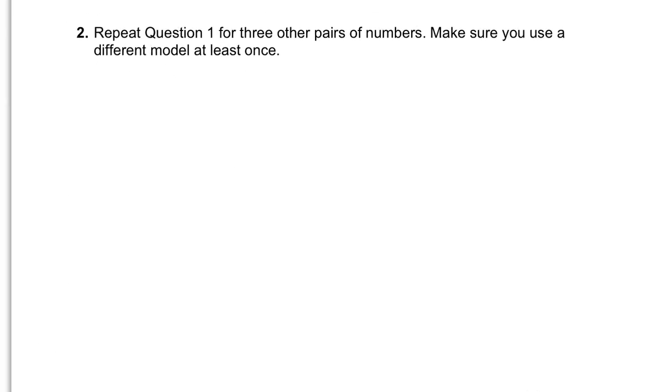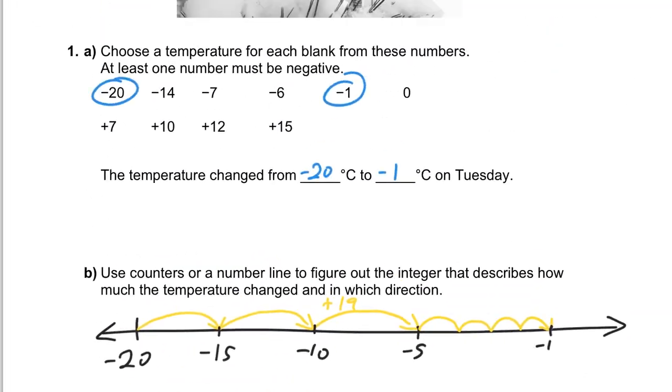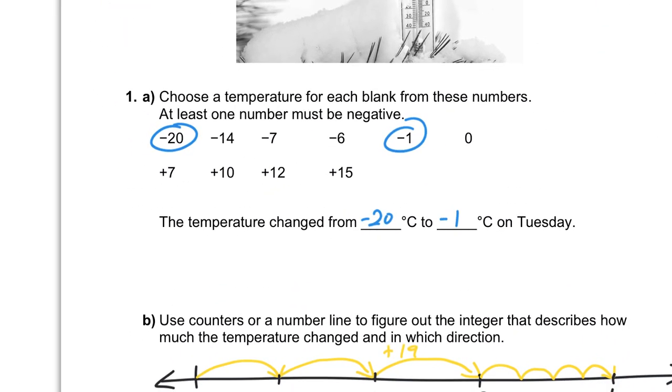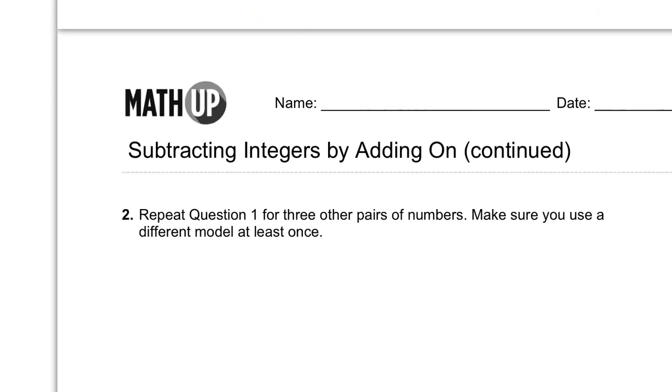Let's do some more examples, because it asks us to repeat question 1 for 3 other pairs of numbers. Make sure you use a different model at least once. I'd like to start by doing one with counters, and if we're doing one with counters, we should choose some smaller numbers. I can see a couple small numbers here, negative 6, negative 7. Let's do that.